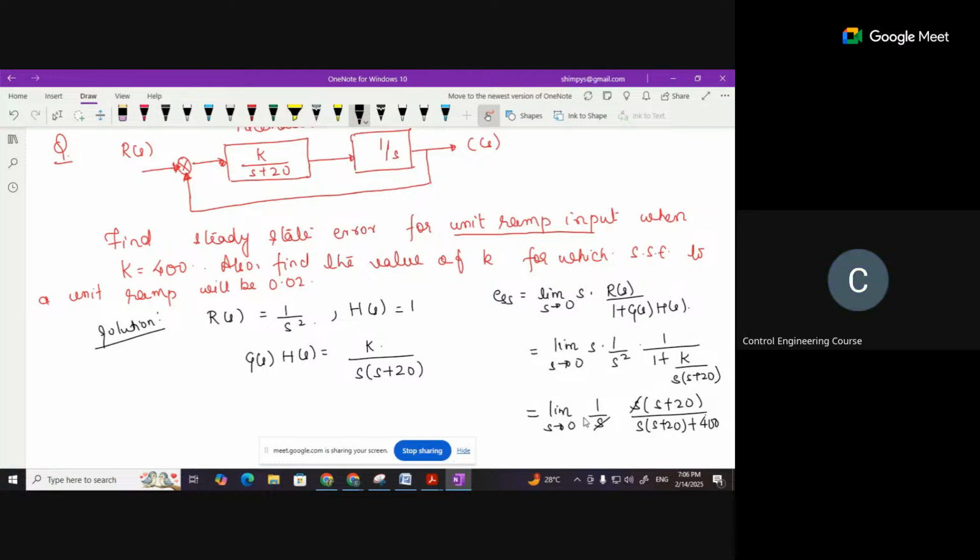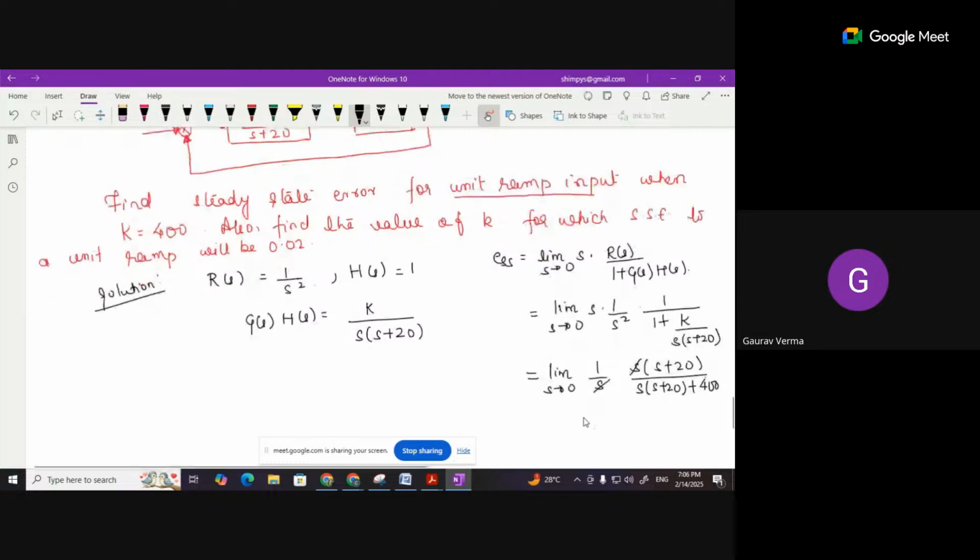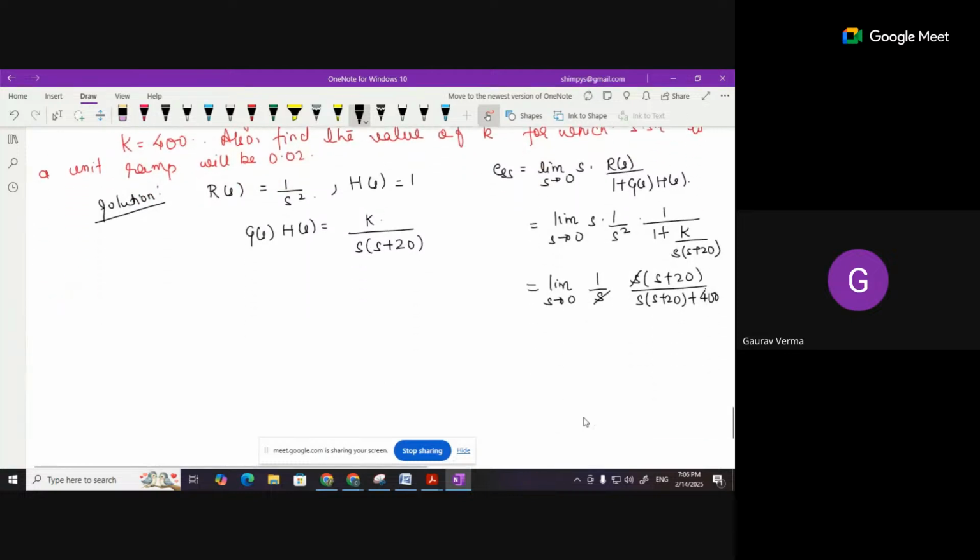So what will be the value on solving? I got it as 0.02.